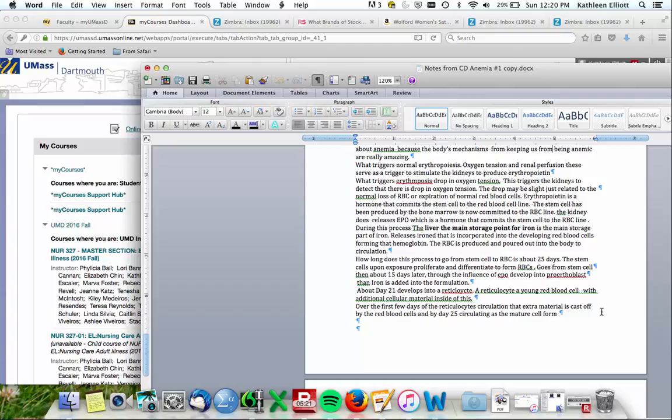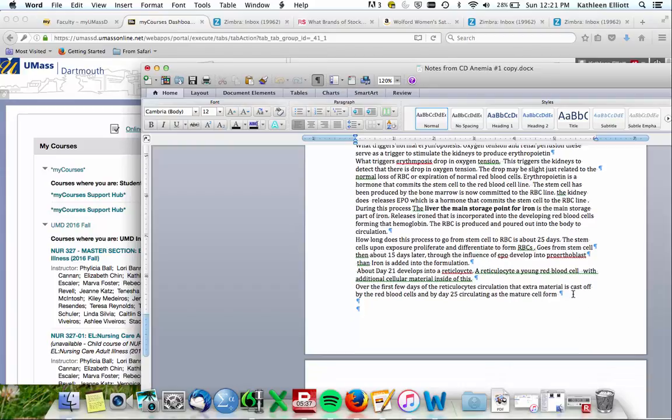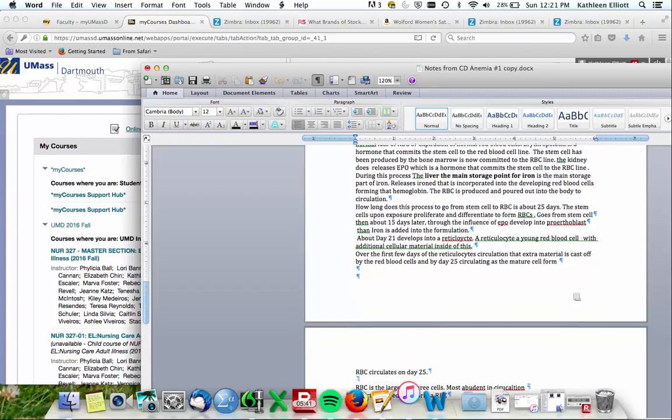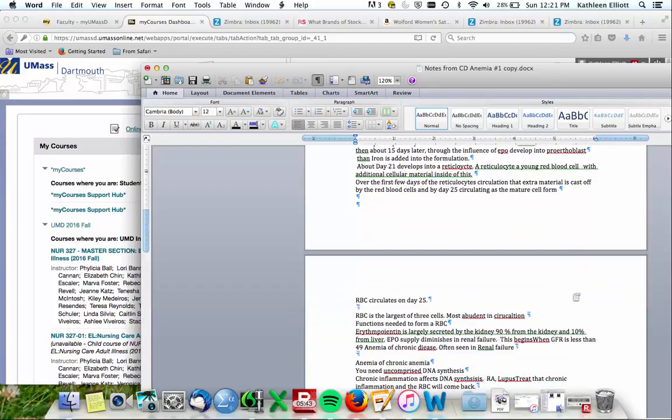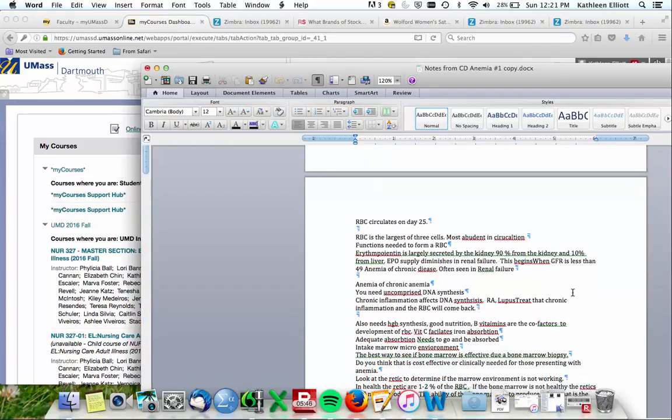About day 21, they develop into a reticulocyte, which is a young red blood cell. Over the first few days of reticulocyte circulation, the extra cellular material is cast off, and by day 25 it is a circulating mature cell. So the RBC circulates on day 25.